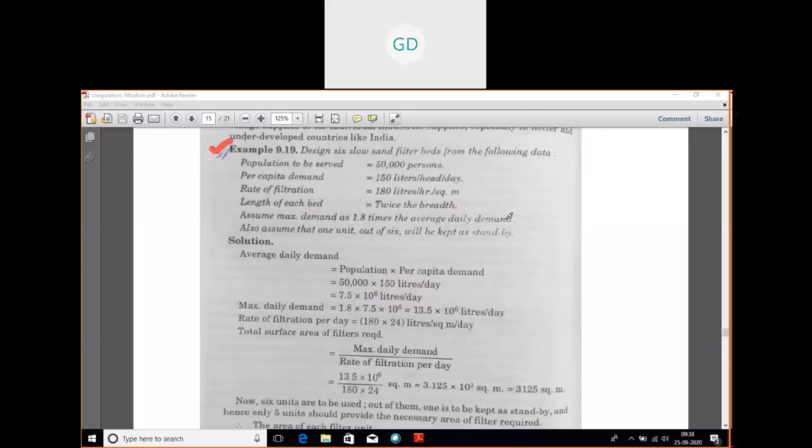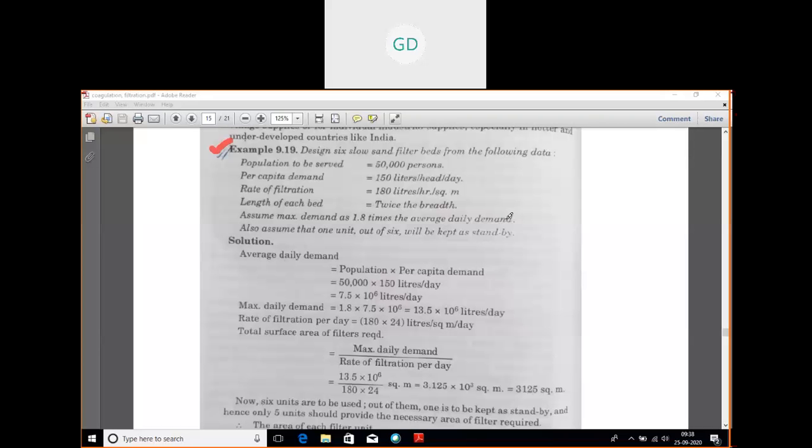Per capita demand, that means how much water each person has per day, is 150 liters per head per day. The rate of filtration is 180 liters per hour per square meter. The length of each bed is twice the breadth. Also assume maximum demand as 1.8 times the average daily demand, and assume that one unit out of 6 will be kept as standby.